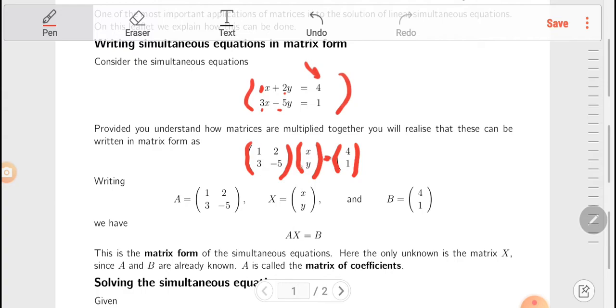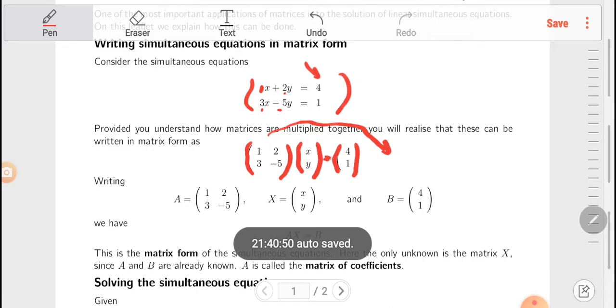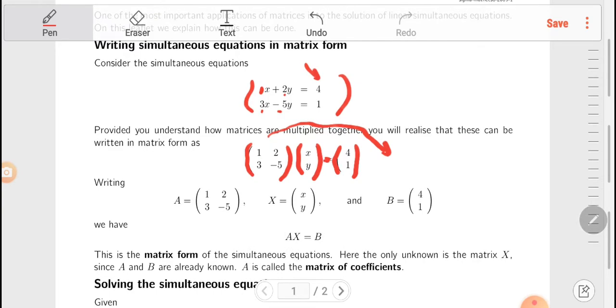If we want x and y, we have to rewrite this matrix equation on the other side. We have to multiply both sides by the multiplicative inverse of the matrix A, which is 1, 2, 3, negative 5.